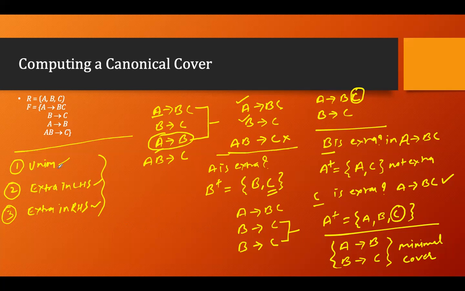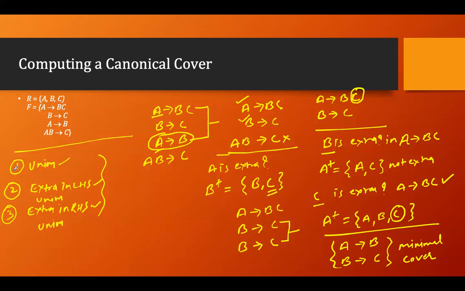We have to go for the union first. Then we have to look for the extra in the left hand side. Then again, we have to go for the union. And then we have to go for the extra. And at last, also you can go for the union. So union will come every time. So here, if you see, here also we have a union operation, and after that also we have a union operation.